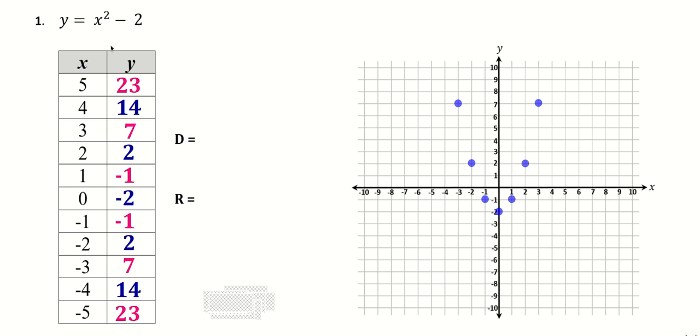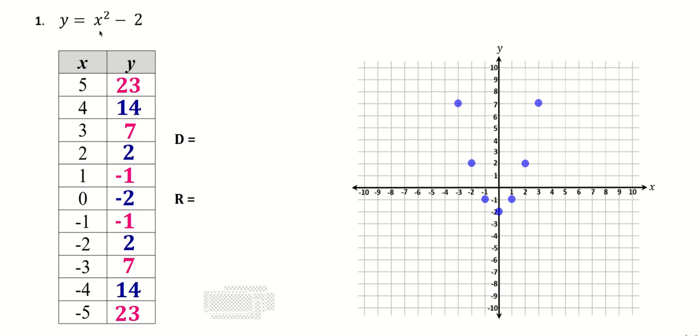One of the big ideas of this activity is to get you thinking about it like this. I know the table is here to help you and the graph is definitely going to help you, but if you're given an equation like this and you're asked about the domain, what I would focus on is this: what x values would you literally not be allowed to plug in for x?